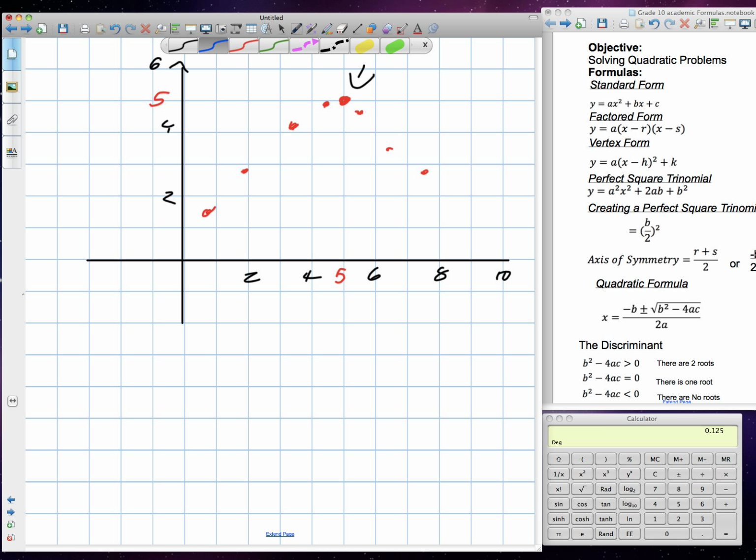Your a's and your vertex will be a little different, and I said they won't always be the same in these questions because we're choosing points along the data. We are estimating. As long as they're similar, it's right. If I did something like this, it's kind of obvious that we're probably going to get a vertex in between here, so I'm going to have to estimate a point like that. So I want you guys to keep that in mind. That's why they ask you to plot these things.